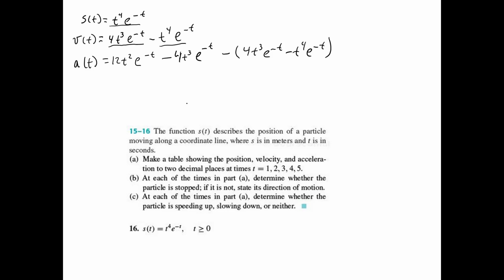Minus, but you are going to have 2 of the minus 4x cubed e to the negative x, and so then you'll have minus 8x cubed times e to the negative x, and then you have plus, when you distribute the minus, you will have plus x to the fourth e to the negative x.